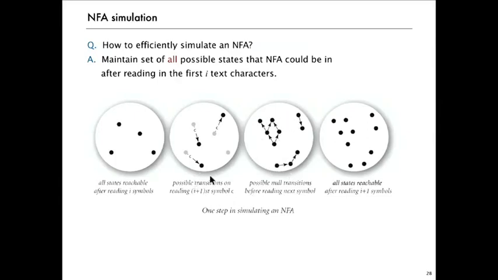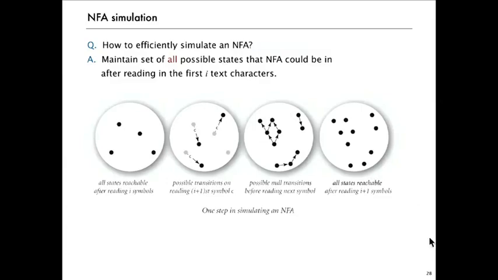It could read a character, and then it can take a bunch of null transitions, but that's all it knows how to do, and that'll give us all the possible states that it could be in after reading i plus 1 symbols. And then we just continue from every one of those states. Some of them match the character, and then look at all the epsilon transitions.